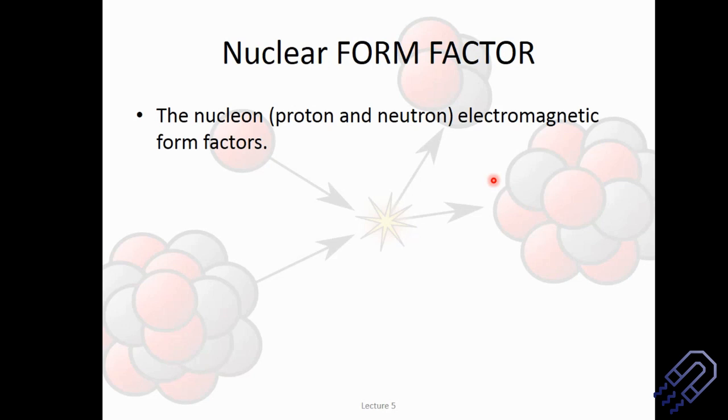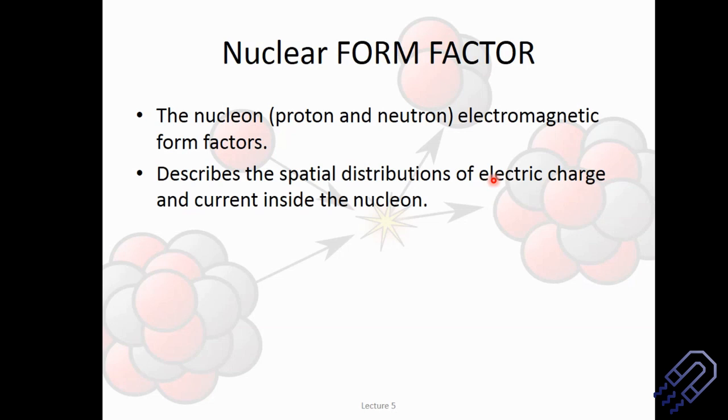In general, the nucleon, since it has a proton and a neutron, has a form factor which is electromagnetic in nature because the proton is charged, and the neutron in its own sense is also charged, since it is composed of quarks which are not neutral. So it describes the spatial distribution of electric charge and current inside the nucleon.